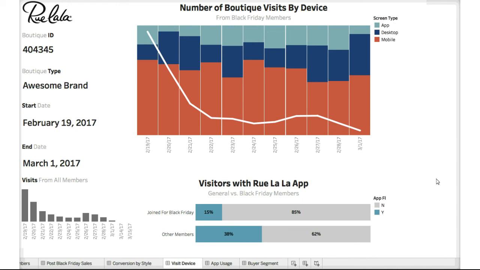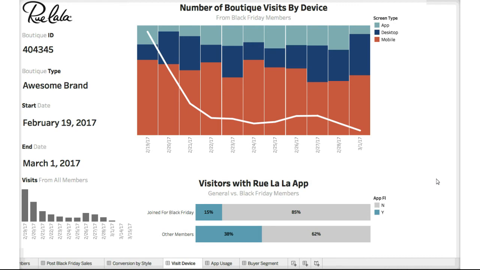It allows us to get better personalization to our members, and it gives an overall better experience for them to find the sales and the deals that are most important to them. So we go one step further and say, okay, can I show you a little bit more about why app usage is important other than just telling you?